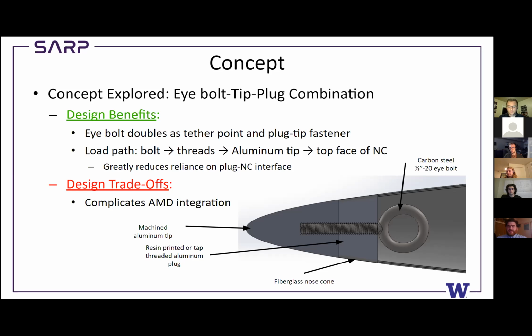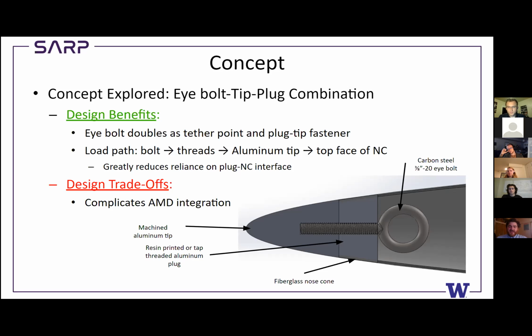That's essentially the gist of the system, and some of its benefits include the eye bolt being able to double as a tether point plus a plug tip fastener. So it will ensure that not only the tip and the plug stay in place, but also it will secure the tether line between Nosecone and Payload Coupler.